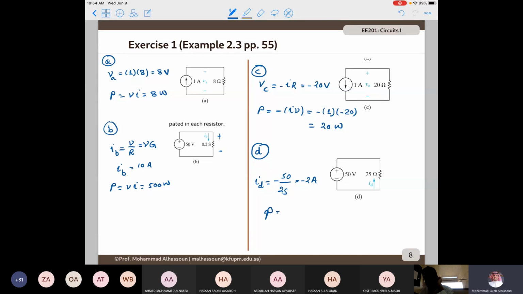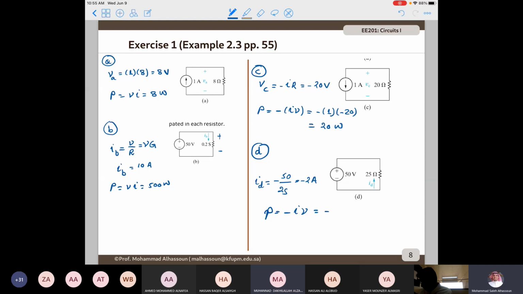The power, who's gonna give me the power? Okay, let me find Mohammed. Yes, the power is going to be minus VI, minus IV. Exactly. So it will be minus VI, so it's going to be minus 100 volt.